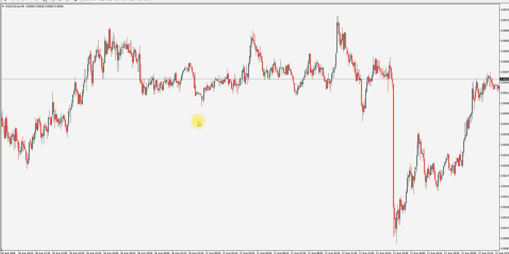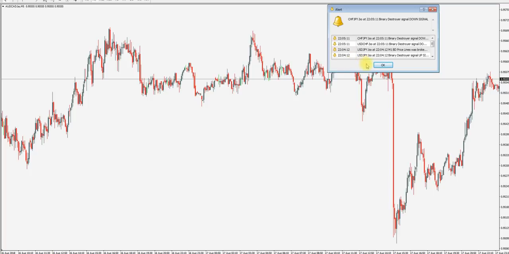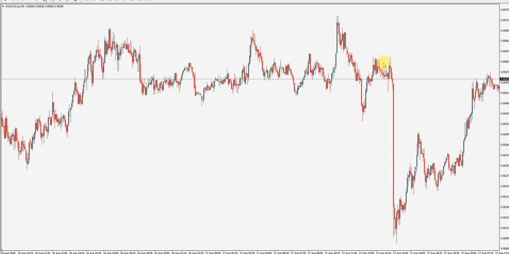Now, when you've got your naked price like this, it looks a little bit messy and choppy, and as a trader, it's kind of hard to determine if we're in an uptrend or downtrend purely by looking at this.